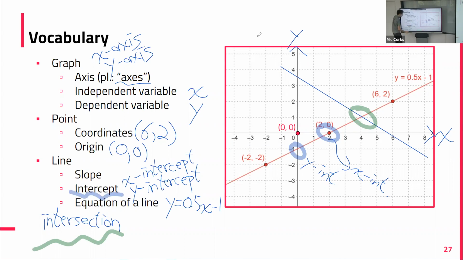So intercept is a special kind of intersection with a different name for it. So it's important to keep those two things clear. Intercepts are very useful to talk about, especially with linear relationships. So we'll be using those words a lot.